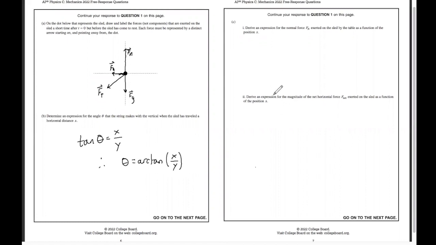Part C, we have to derive some expressions for forces. Normal force, just like last time: the sum of all vertical components should add up to 0. That's going to be normal force minus tension sine theta minus the gravitational force, and that should all add up to 0, which I've already written down. Let's go ahead and get rid of that.